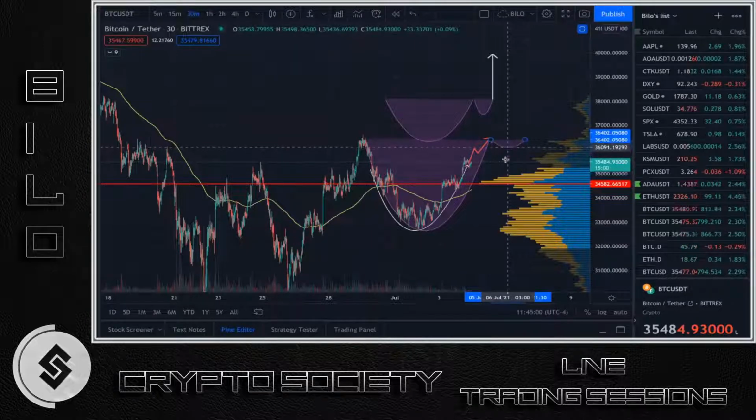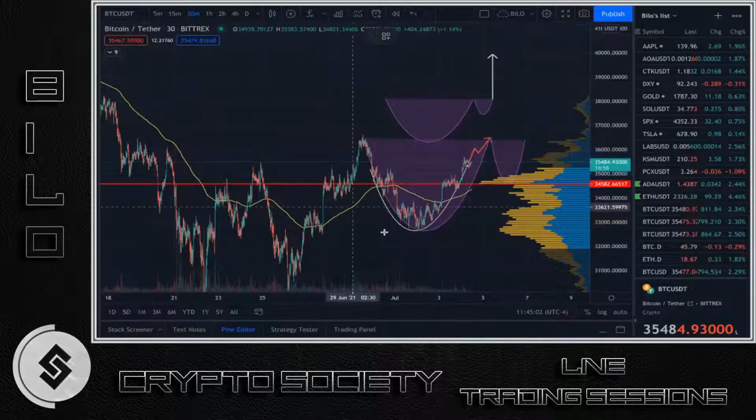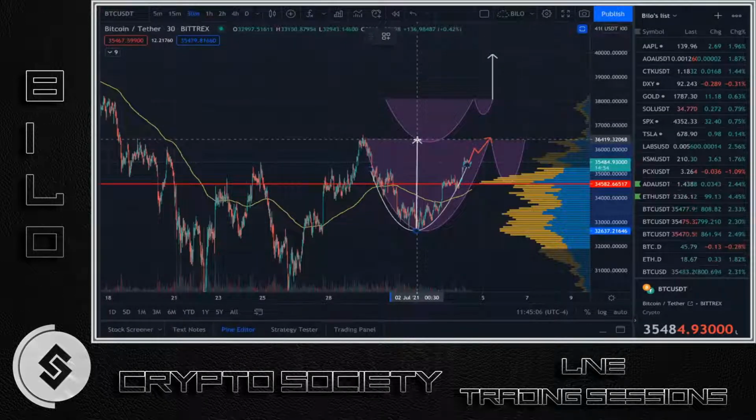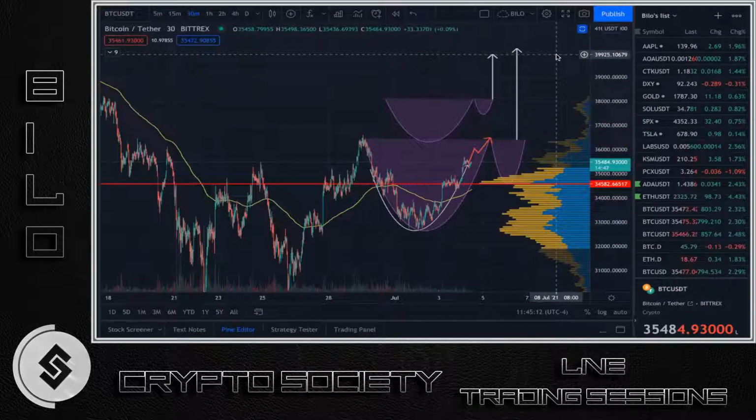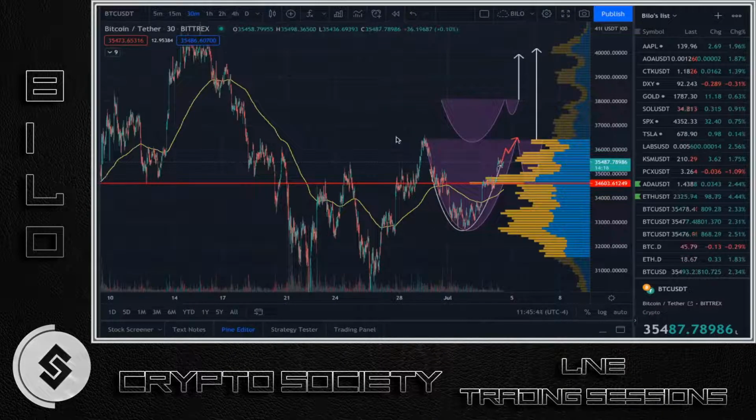It doesn't have to be tiny. At that point the technical target is 40,000, which is what I would love to see more than anything, because we're getting above the 200 EMA on the 4 hours, as well as the 200 EMA on the daily, and then we would go on to test that 41,950 or $42,000 resistance, which is the top of wave 3 from January 2021.